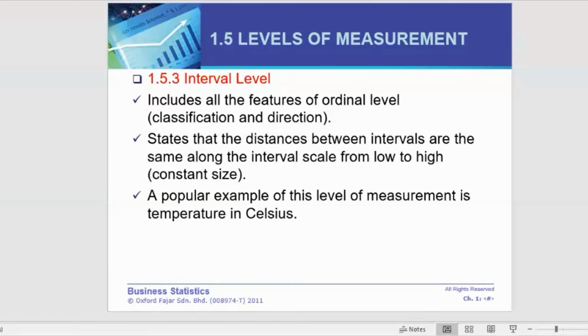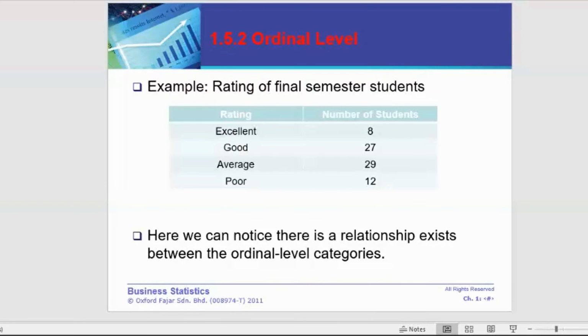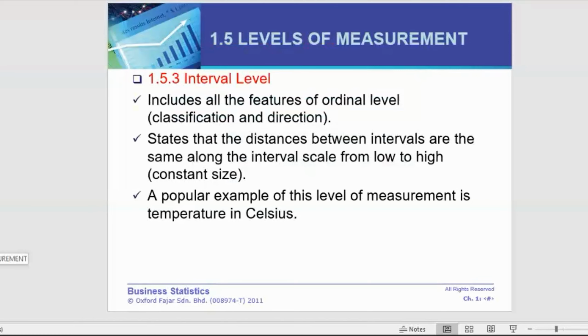Now you will notice that each level is one step higher than the previous level. Like when we talk about the ordinal level, it's one step higher than the nominal level, and the interval level is one step higher than the ordinal level. So the interval level includes all features of the ordinal level, classification and direction. It states that the distances between the categories are of constant size.